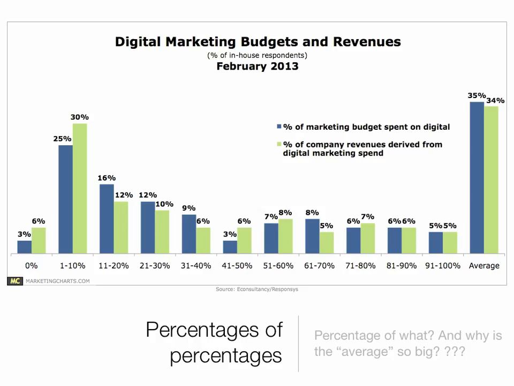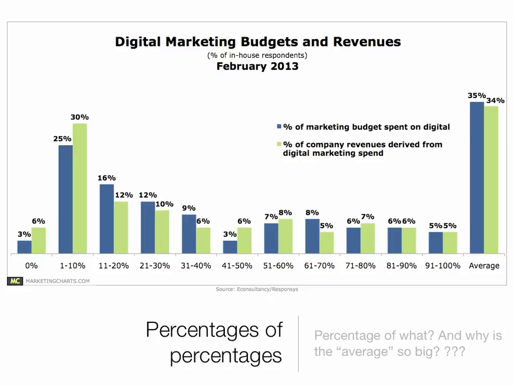Now this bar chart gets it right in terms of the design elements. It's got simple bars, there's no frilly stuff in the background, there's not a lot of extra ink. The weird thing here is the percentages. So this is showing us digital marketing budgets and revenues, a percentage of respondents who are telling us something, and some percentage, presumably something like how much the budget should be, but it doesn't tell us.